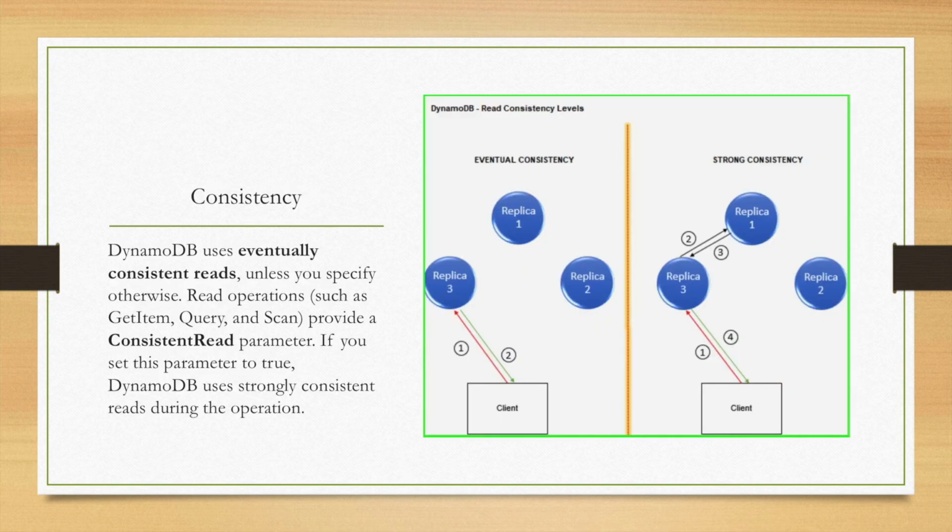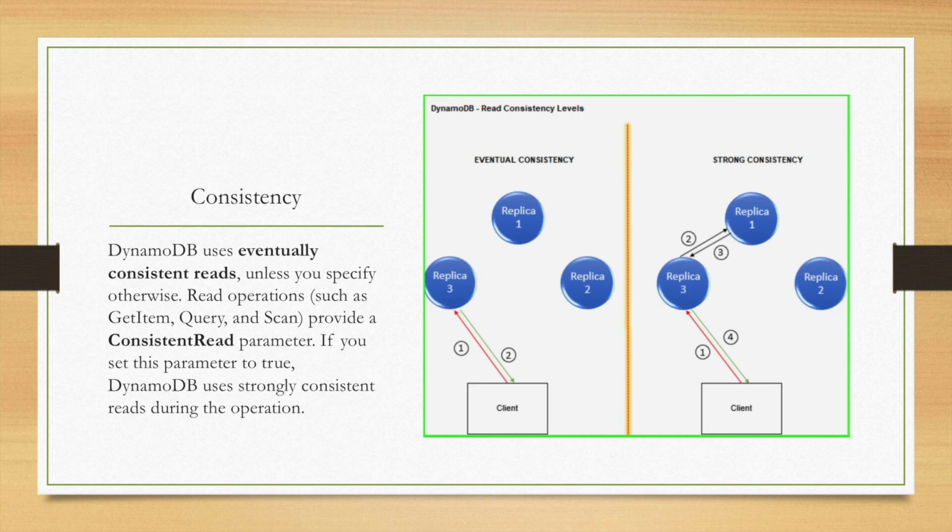DynamoDB usually uses eventually consistent read. I already said there are several replicas of the same data. When you write to one replica, it takes some time to replicate this data to the other replicas. When you write to one node and read immediately, maybe the data is still old.